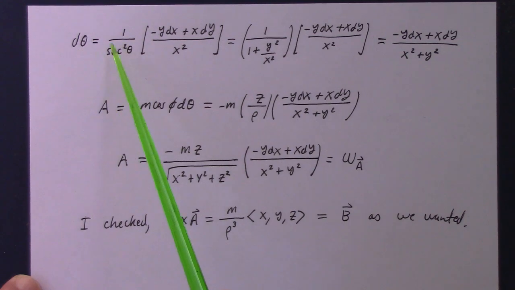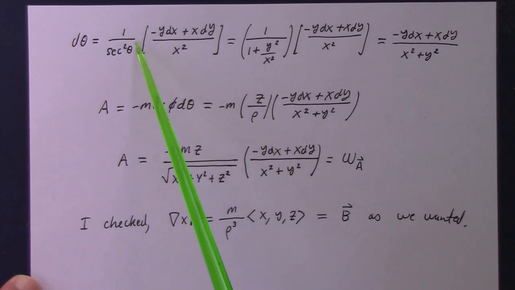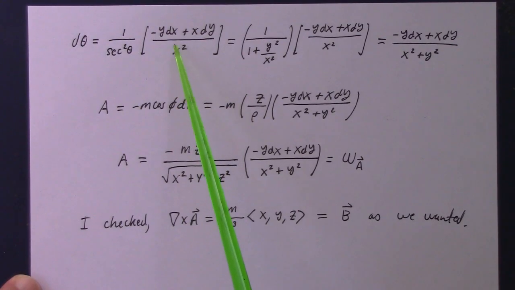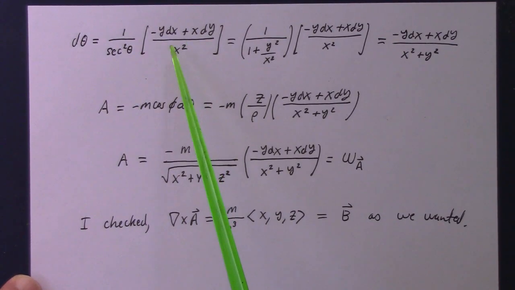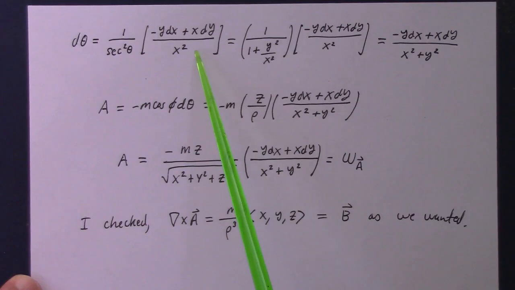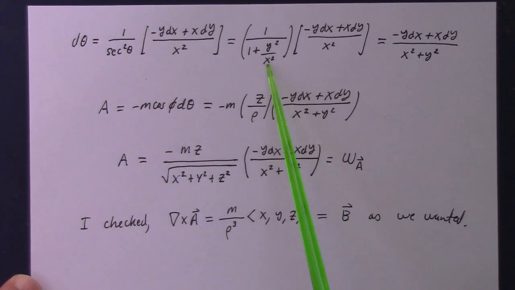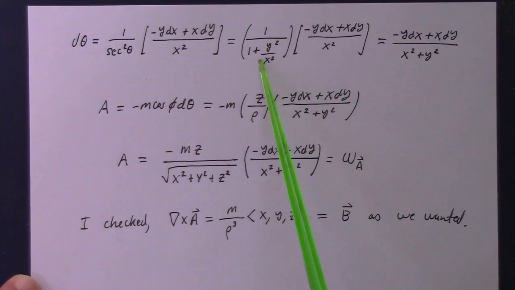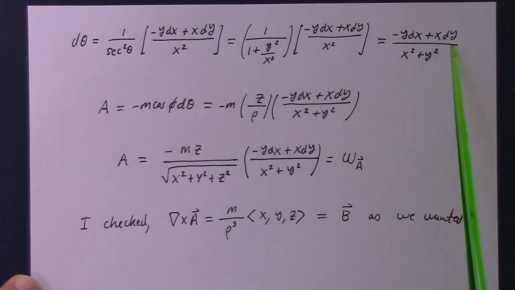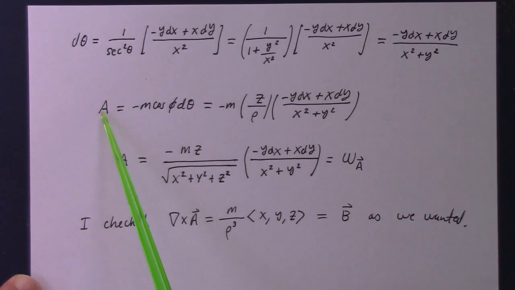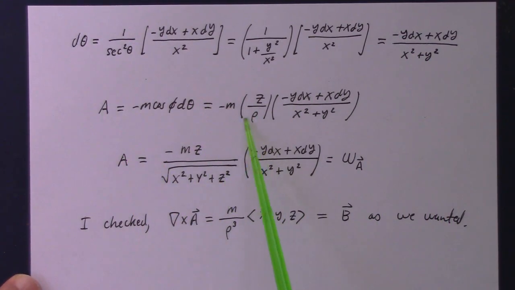This is d theta in sphericals, which I worked out is 1 over secant squared times this business. Basically, this is coming from taking the exterior derivative of tangent theta is y over x. And then secant squared is 1 plus tangent squared, which gives me 1 plus y squared over x squared, which upon multiplication gives me this lovely minus y dx plus x dy over x squared plus y squared, which then, finally getting back to my 1 form I'm interested in here, I get that.